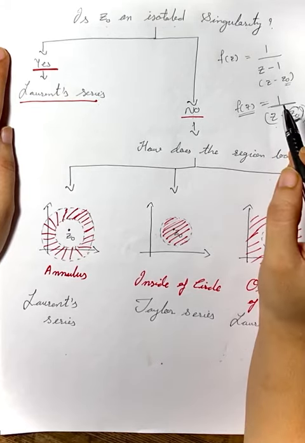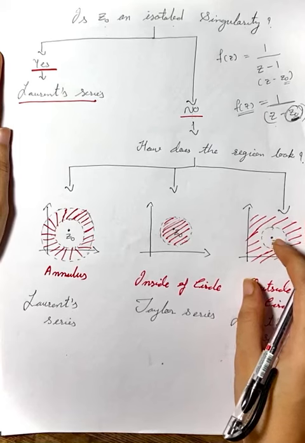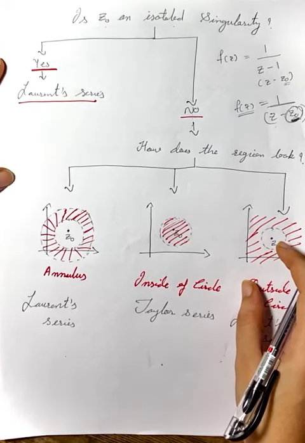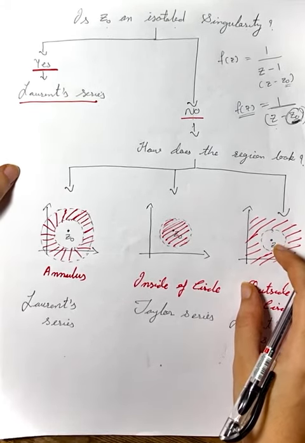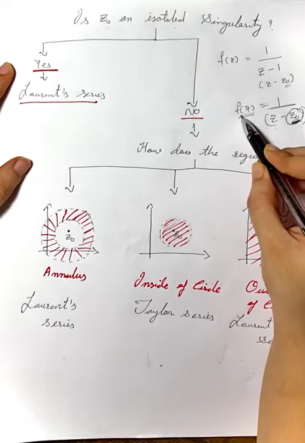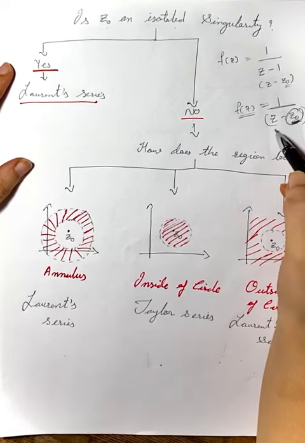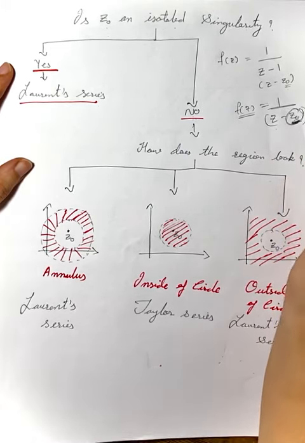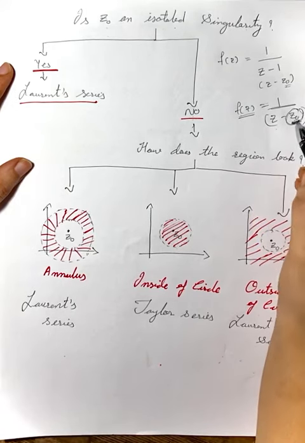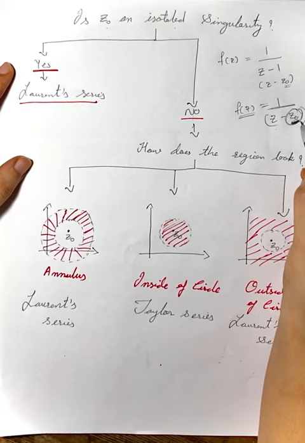To be able to understand that, we will see some quick facts about both of the series, and that will help us to answer this question. So first, whenever you are given a function f of z, 1 upon z minus z0, or it could be some more complicated version of function also, but just for a simple case, suppose you are given a structure like this.